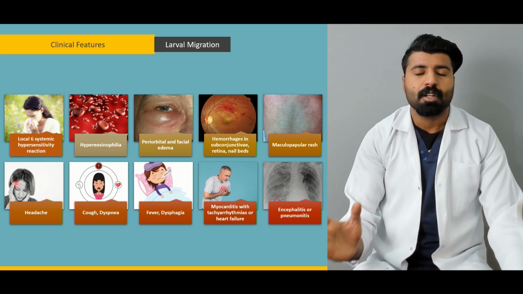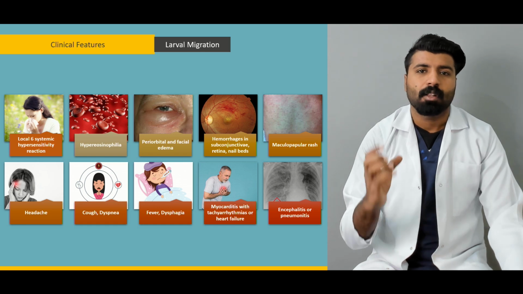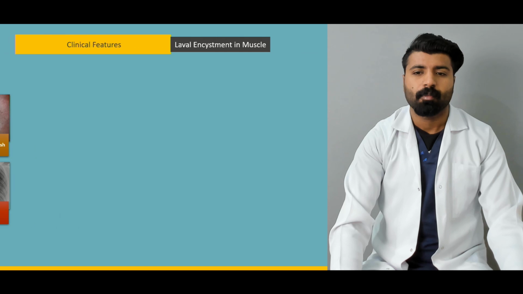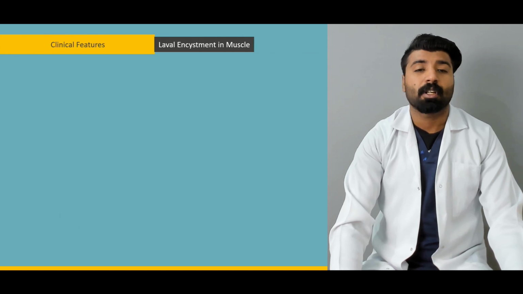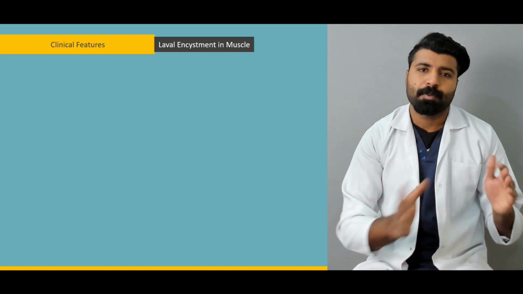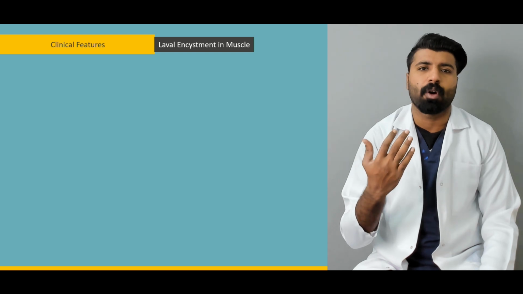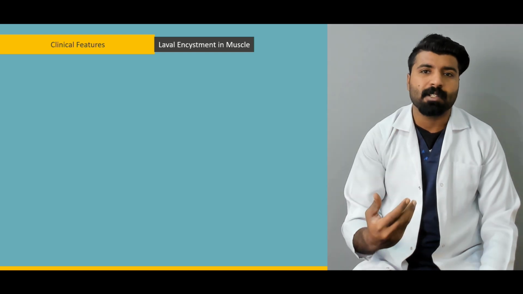So the clinical features totally depend upon the area of the larval migration. Next on, let's talk about the clinical features of larval encystment in the muscle. Up till now, we have talked about what happens if it goes into your brain, your lungs, your skin.